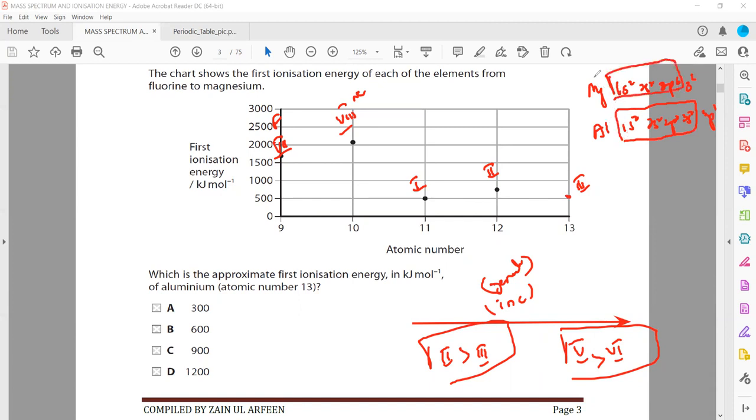That's why for aluminum, we need a smaller amount of energy. So it should be between 500 and 750. So which number is there between 500 and 750? That is option B. So 600 is the right answer.